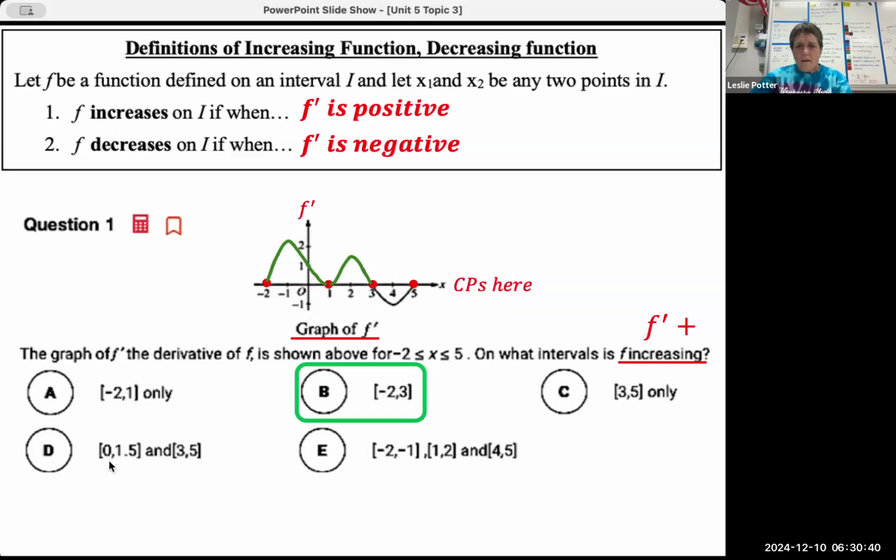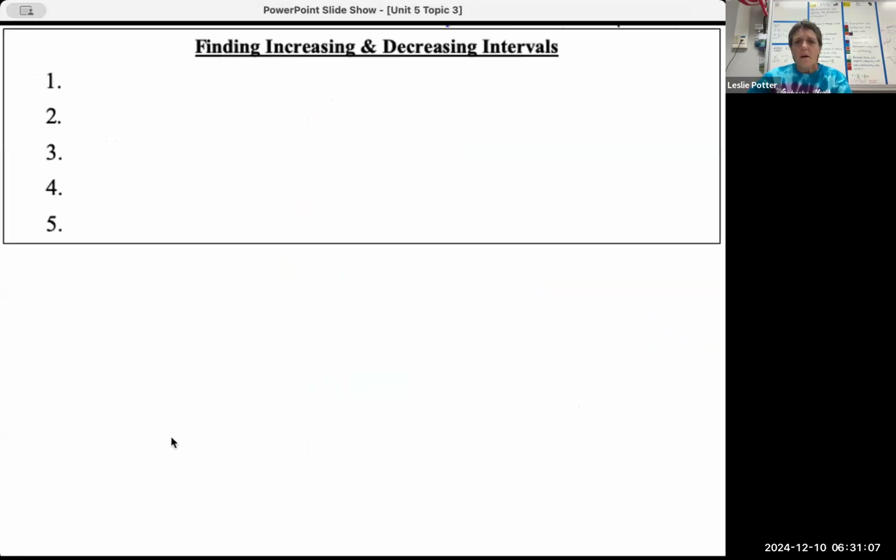And 0 to 1.5 doesn't really make that much sense, and certainly 3 to 5 doesn't make that much sense either, and of course E doesn't make that much sense either. So A could be a good distractor, but it doesn't represent the entire interval over which the function is increasing, so it's not the correct answer.